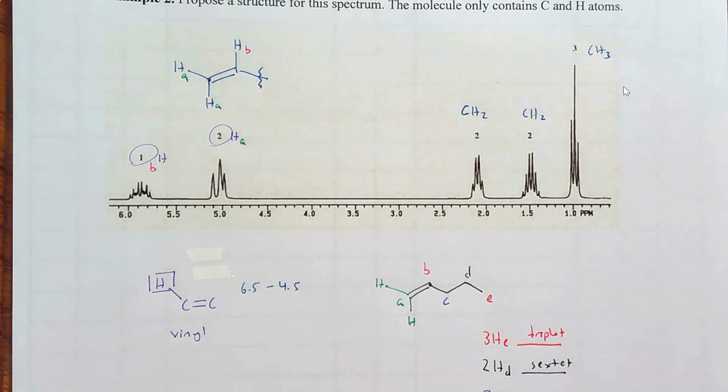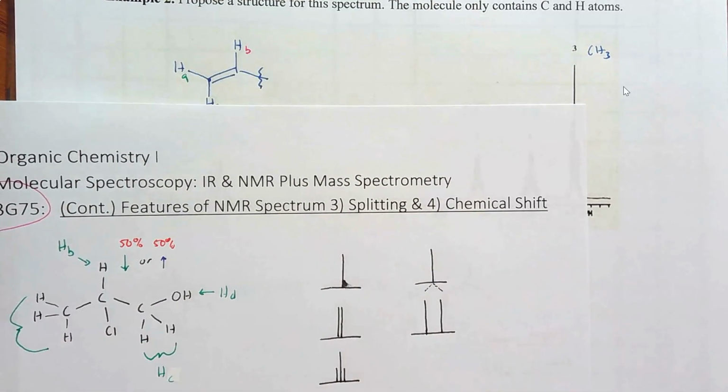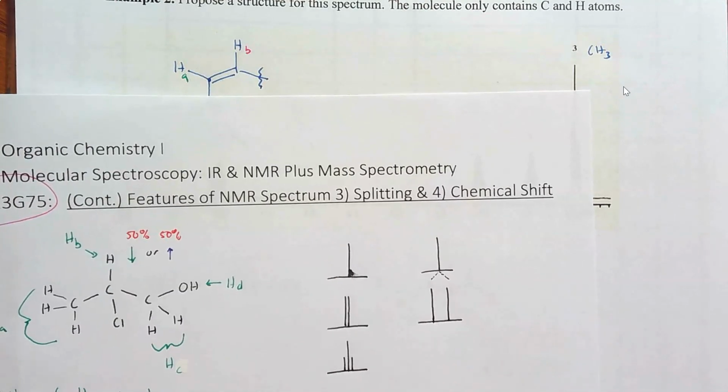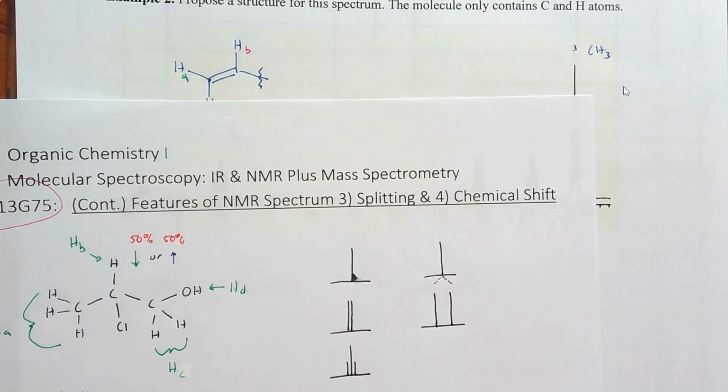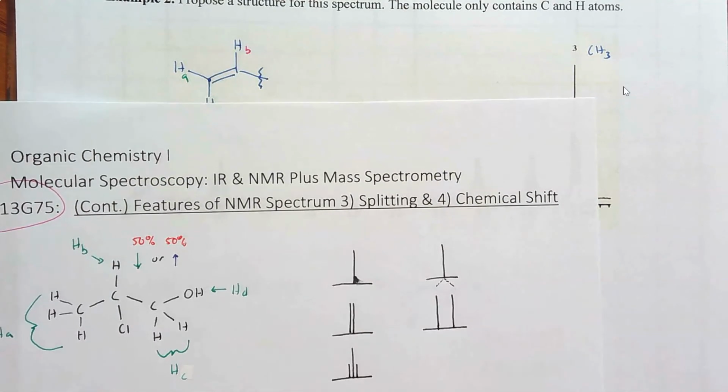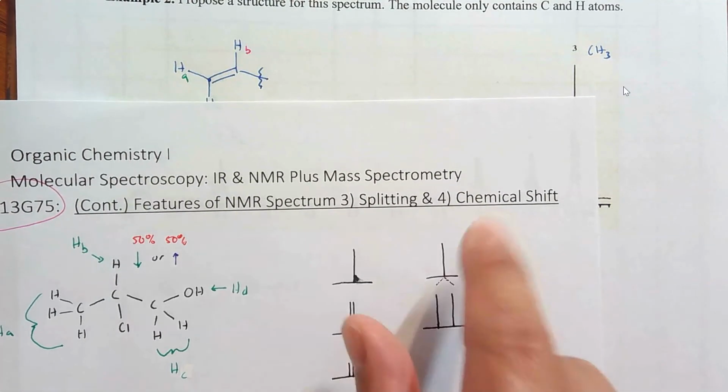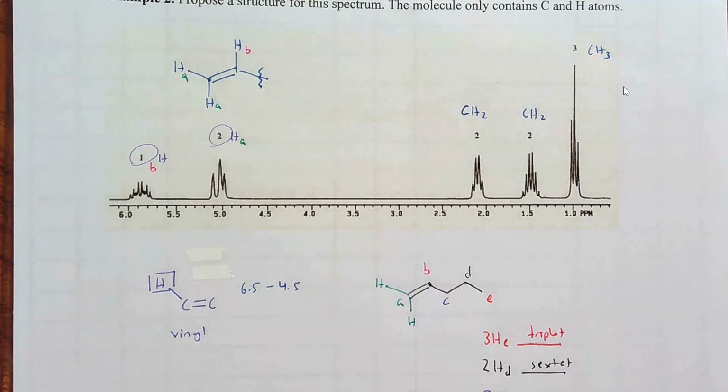I'm sorry, I have not gotten to chemical shift, but we were able to identify two molecules for two spectra by just knowing the number of signals, the splitting, and what? Oh, the integral. Just those three things. Okay. All right.